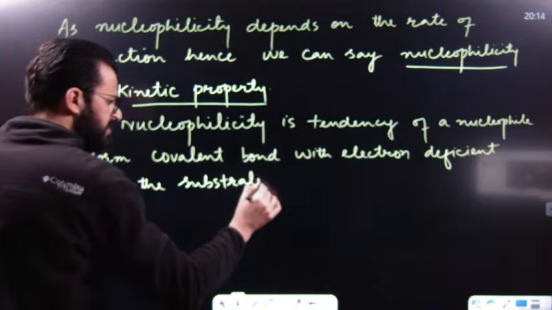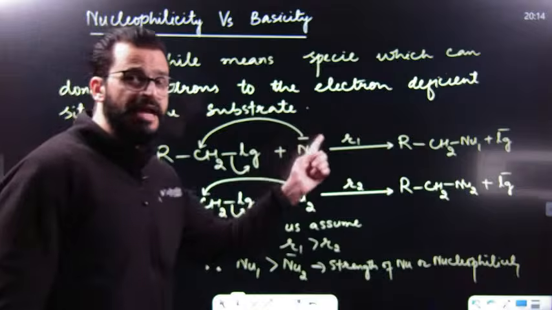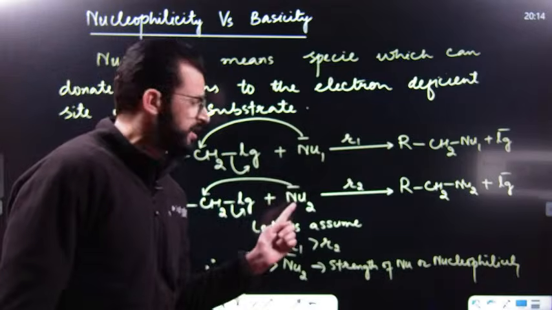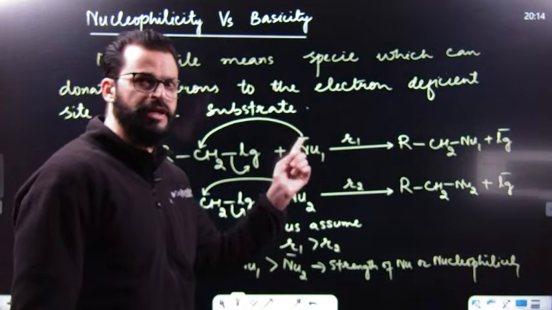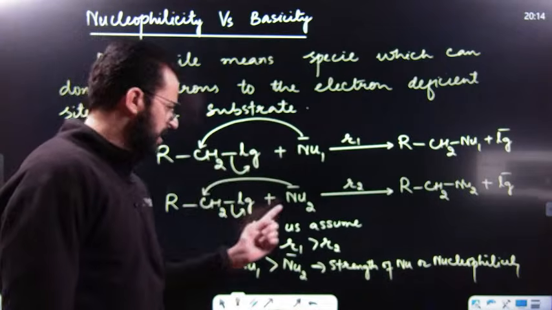But remember, other than hydrogen. So we say this is a stronger nucleophile than this, which clearly indicates that this nucleophile can form a stronger covalent bond as compared to this.